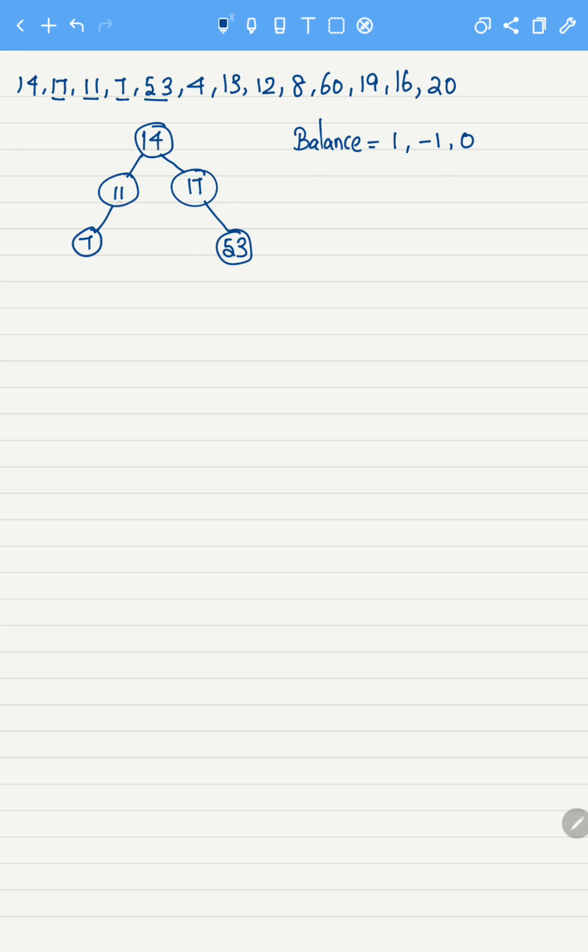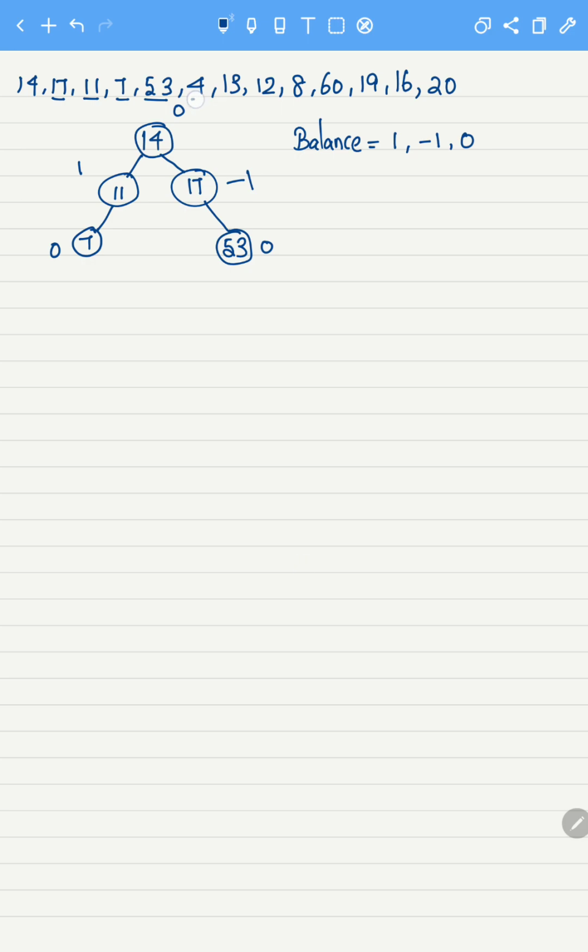Now here the balance factor will be 1 minus 0, 1, here it will be 0, here it will be 2 minus 2, again it will be 0, here it will be 0, here it will be 0 minus 1. Okay, so these are the balance factors.